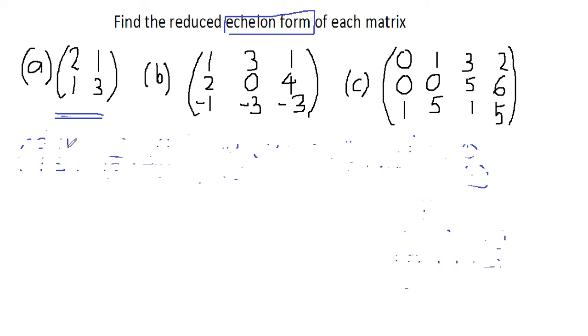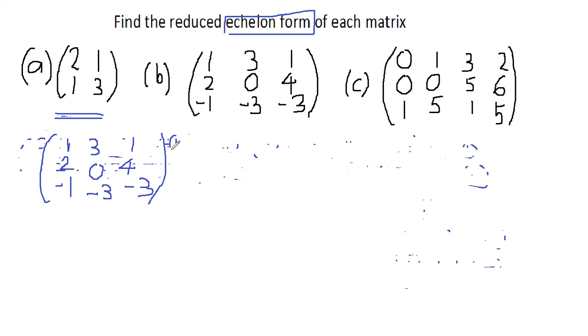So we get 1, 2, minus 1, 3, 0, minus 3, 1, 4, minus 3. Now you notice that the second row has a higher coefficient of x than the third row. So we swap row 2 with row 3.